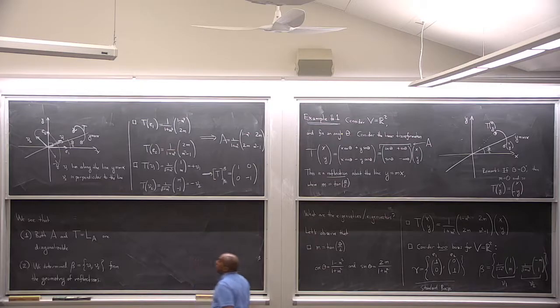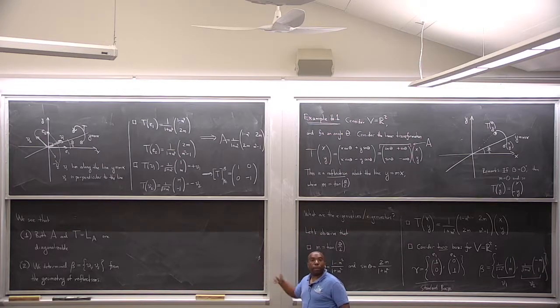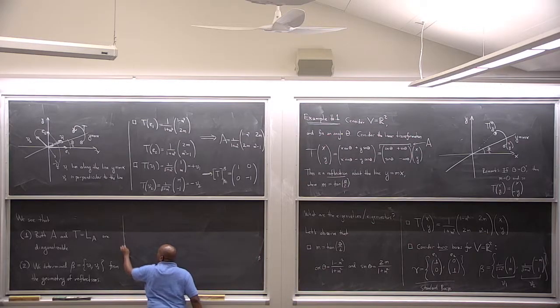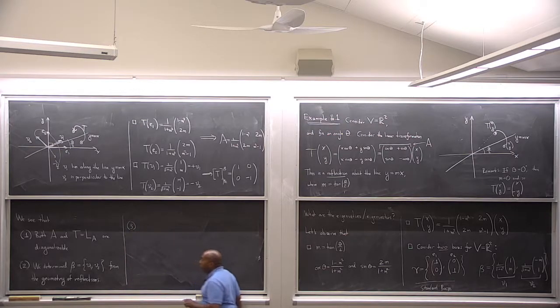So again, I just looked at one direction along the line. I know that nothing happens there. It's invariant. If I look at what happens perpendicular to the line, then it just flips everything over. Number three, both V1 and V2 are eigenvectors for T and A.